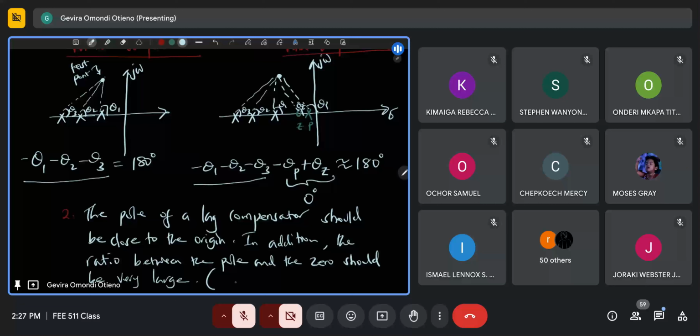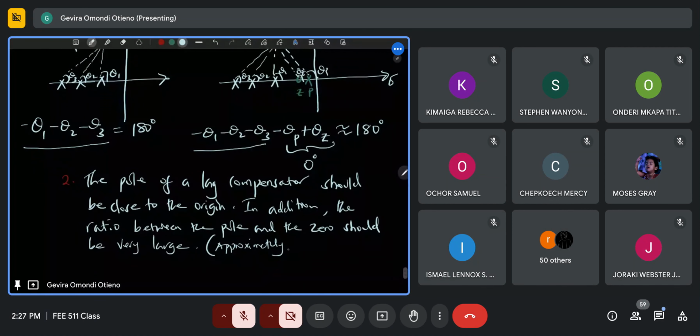In fact, the idea is we usually say approximately... no, let me leave it there, and then I write a third one because I don't want to make it so wordy. So the idea is the ratio between the 0 and the pole, this Z over P, should be large.